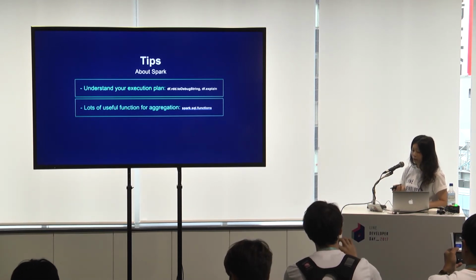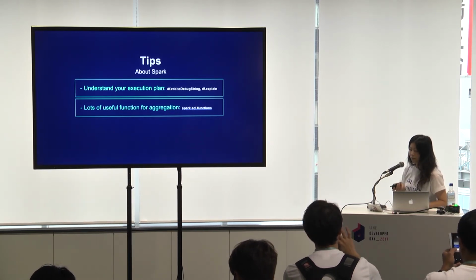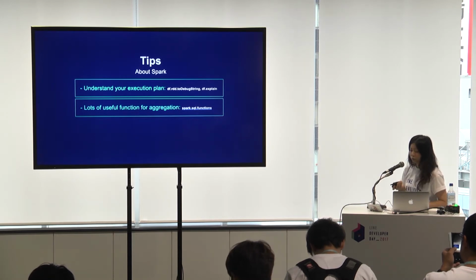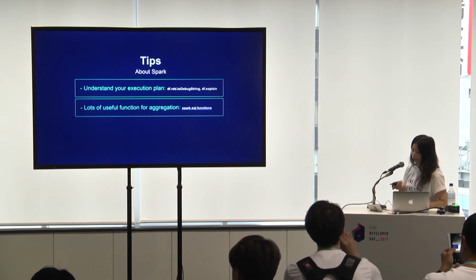Before the end of the presentation, I would like to share several tips I learned by doing user analysis. The first part is about Spark. One very important thing is to understand your execution plan. You can use the toDebugString function provided by RDD or the explain function provided by DataFrame to know how your statements are executed.